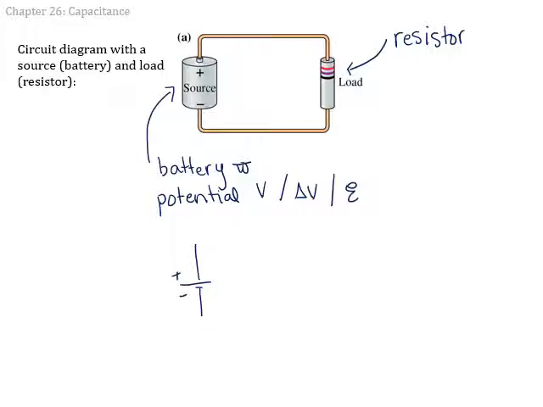The short line is the negative end. And then resistors we replace with a zigzag line. So this is the circuit diagram to go with our above sketch. So the potential of our battery we might call epsilon. That has units of volts. So this is our battery. And this is our resistor.